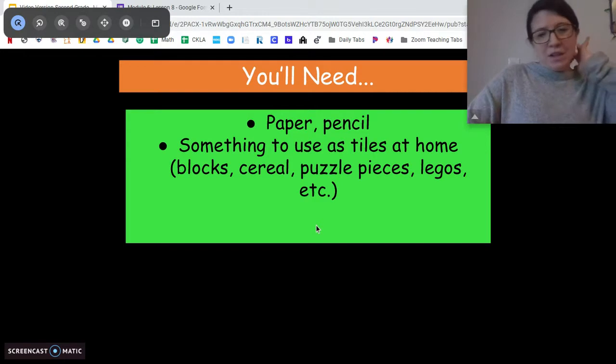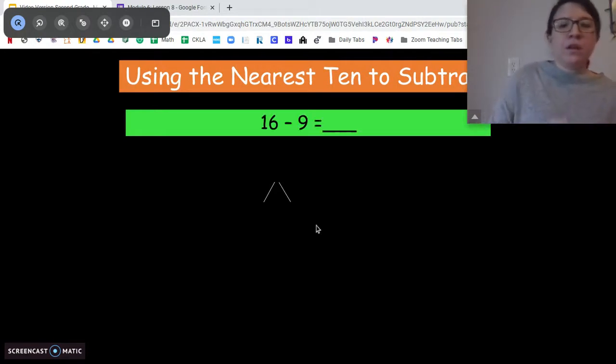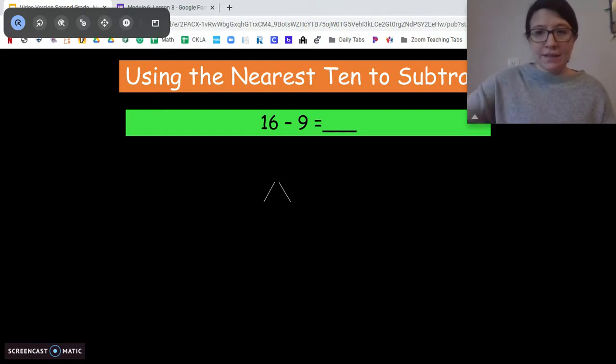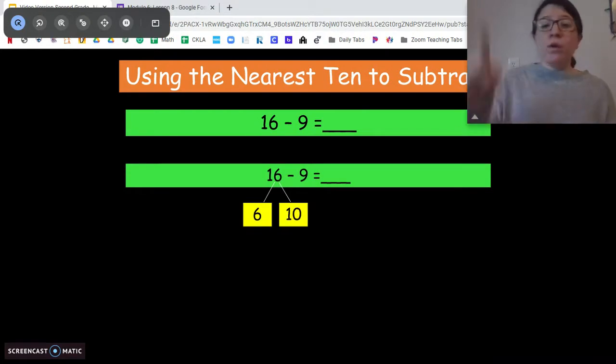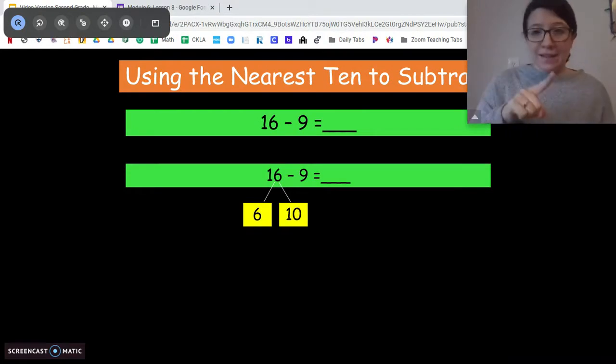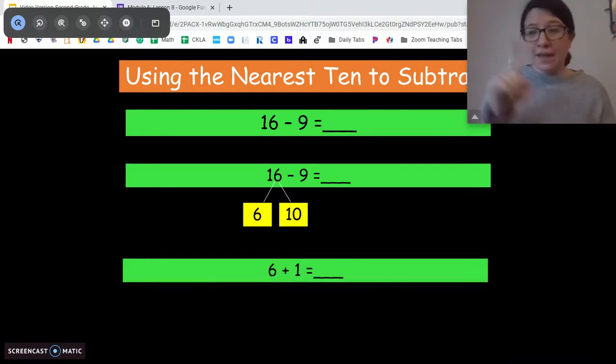Okay, we're going to start with a little bit of a warm-up. We're going to use the nearest 10 to subtract. So let's do this one together, and then I'll have you do a couple on your own. Our first problem is 16 minus 9. What we want to do is take out 10 out of 16 and use that to subtract. If we take a 10 out of 16, we have 10 and 6. Now we're going to take the 10 minus 9 and subtract. 10 minus 9 gives us 1.